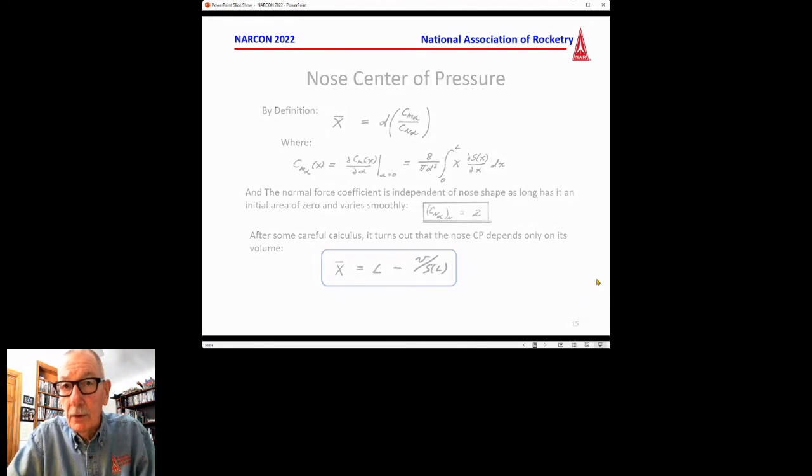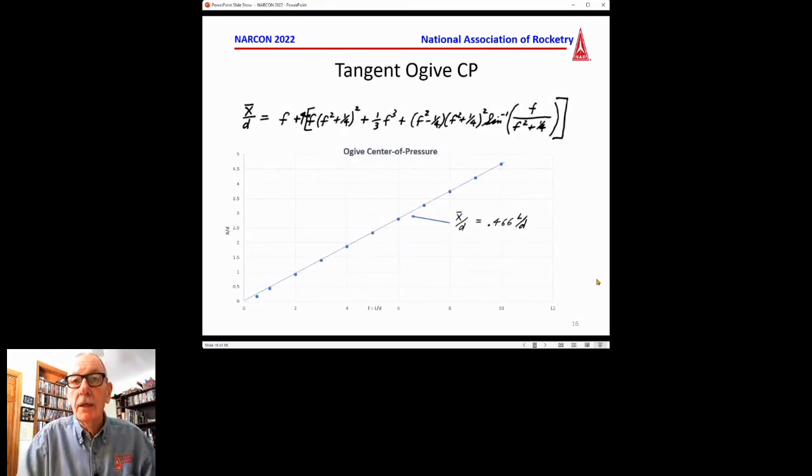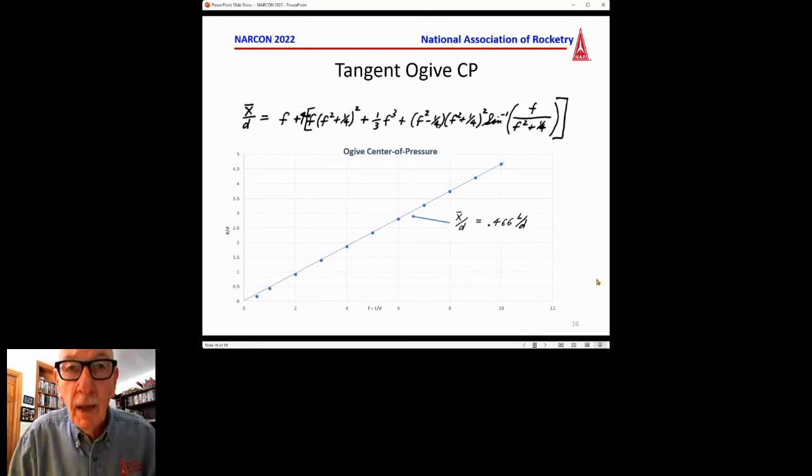And that particular beast ended up with a formula for the center of pressure which was a monster. You can see this at the top of the next slide. It is not something you want to tackle by hand.